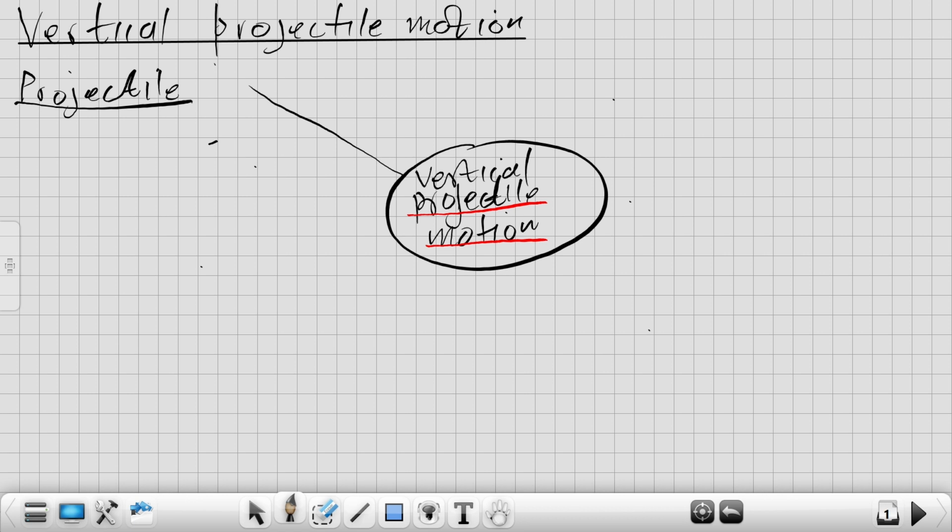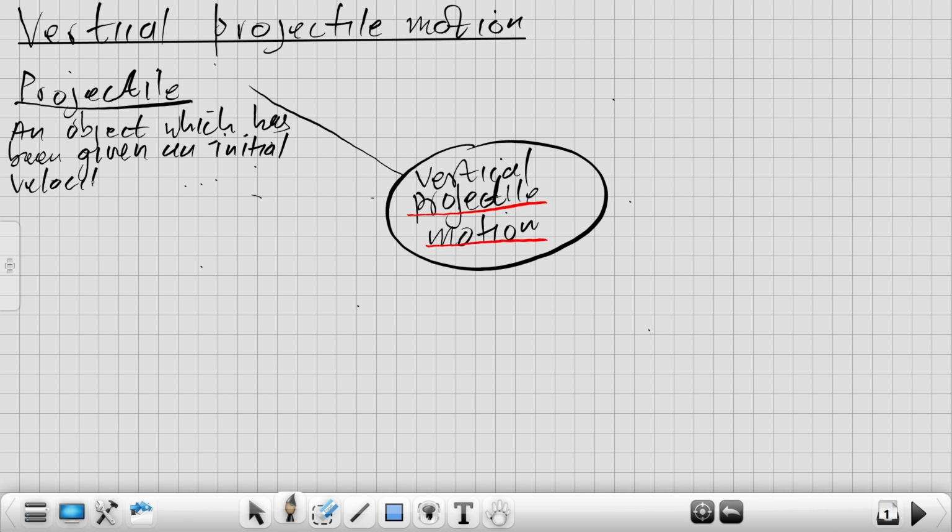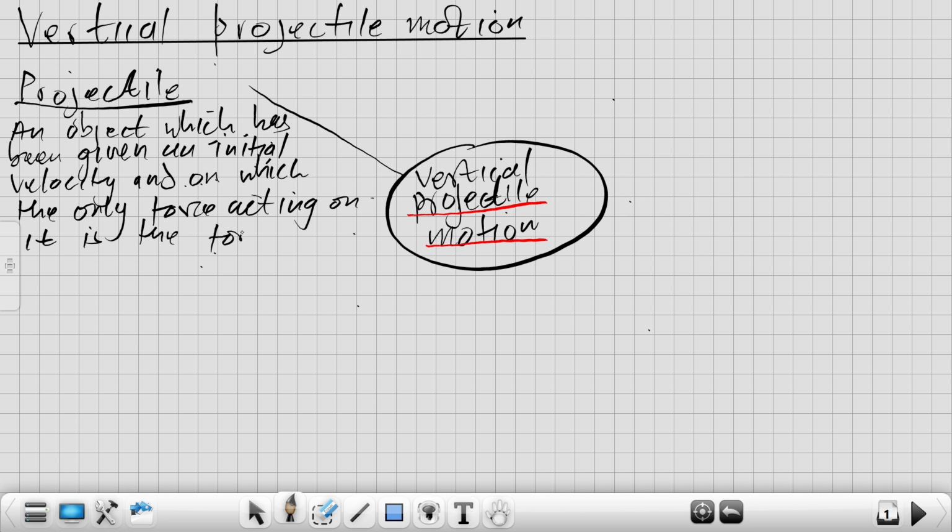So it is defined as an object which has been given an initial velocity and on which the only force acting on it is the force of gravity or gravitational force.